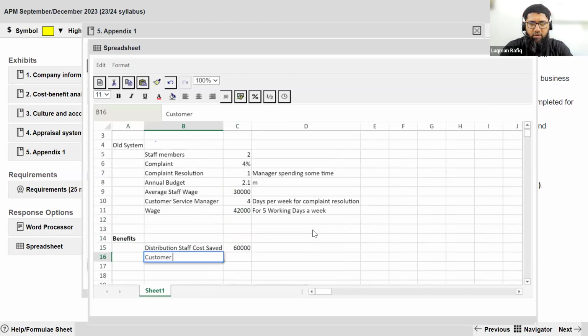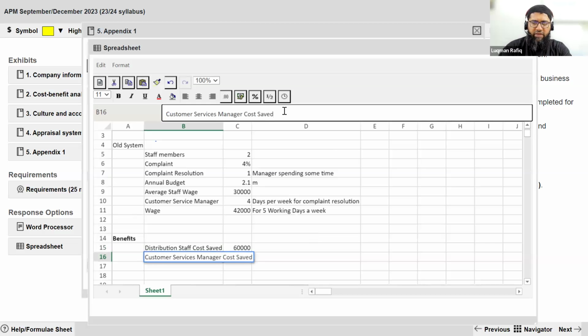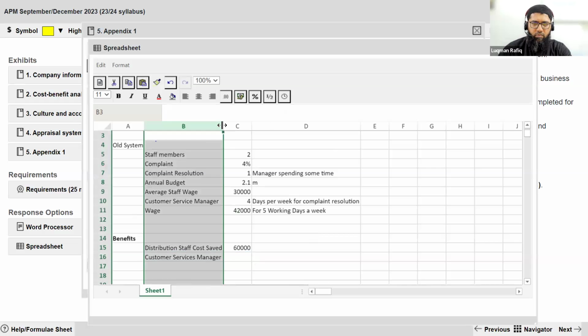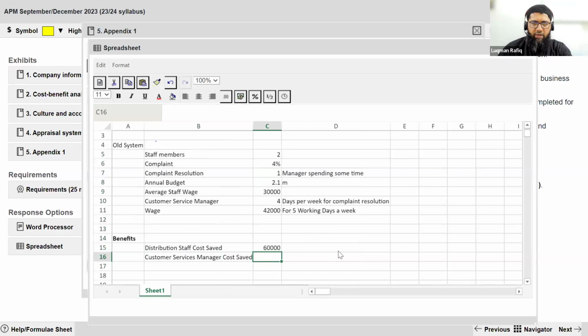Customer services manager cost saved. The cost saved is going to be what? 42,000 multiplied by 4 divided by 5. Why am I doing that?